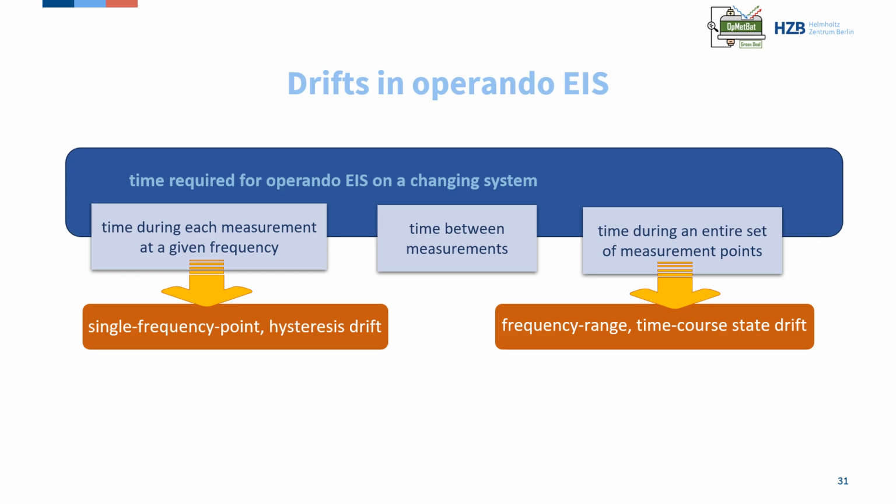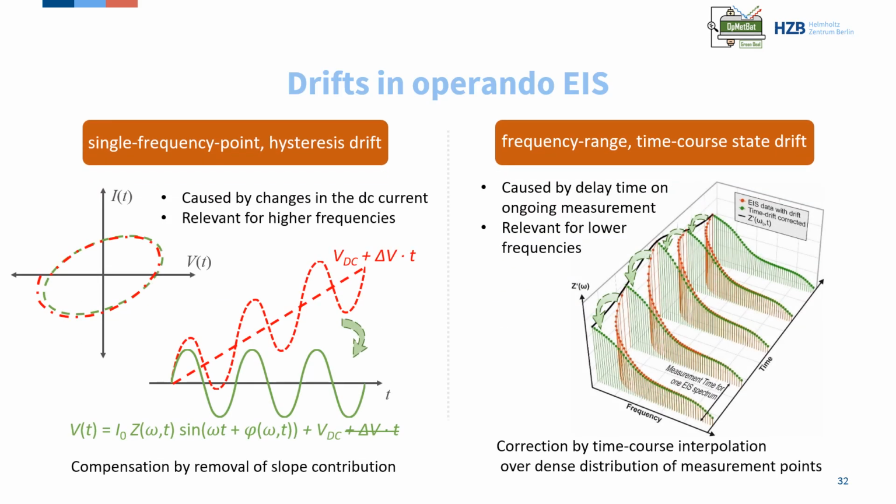obtain valid data. These drifts can occur individually for each measurement point at each frequency, or cumulatively during a whole set of points of a measurement at lower and lower frequencies. The single frequency drifts made with each measurement point are seen in the Lissajous plots when the ellipse is not closed.